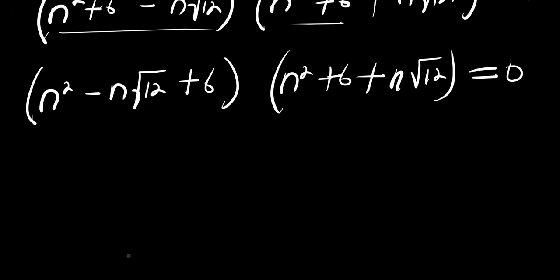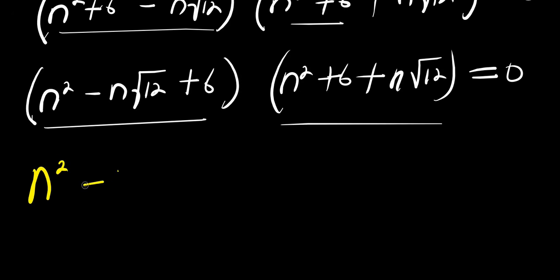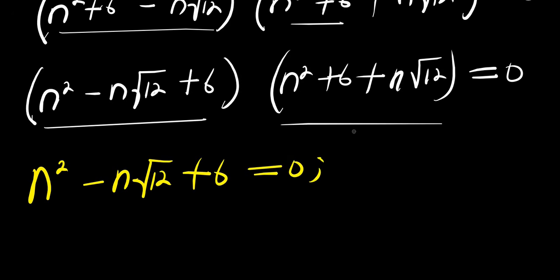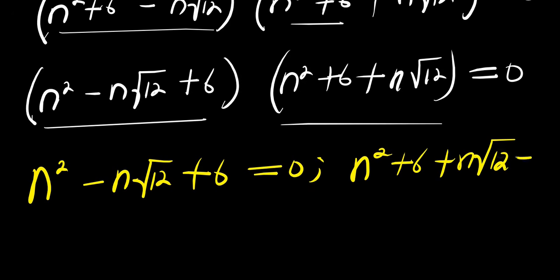So let's equate each of these to 0. I'm going to have n squared minus n times root 12 plus 6 equals 0. Then I have n squared plus 6 plus n times root 12 equals 0. So let's solve these individual equations.